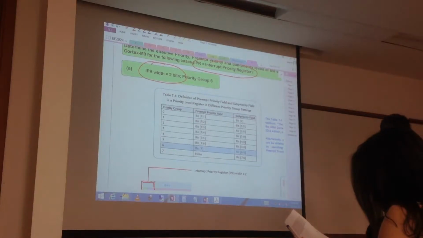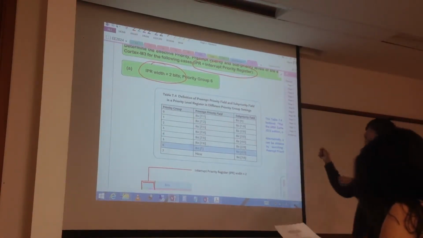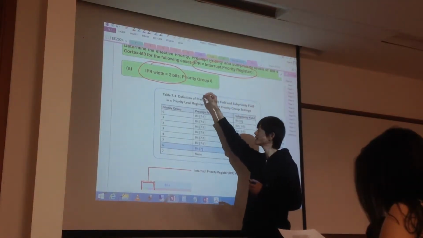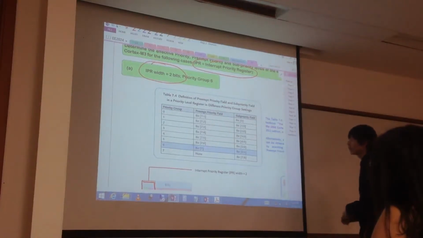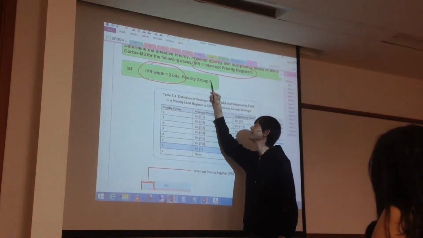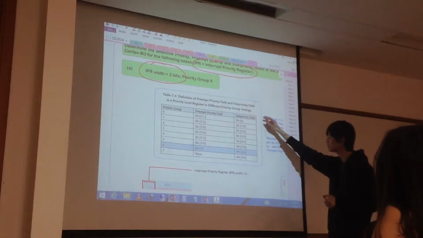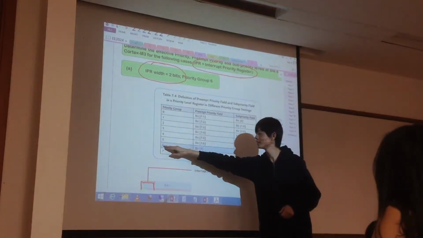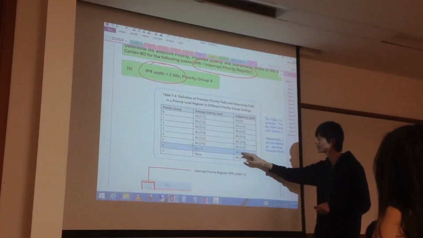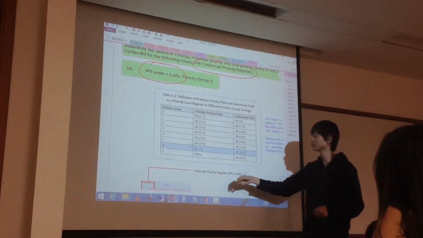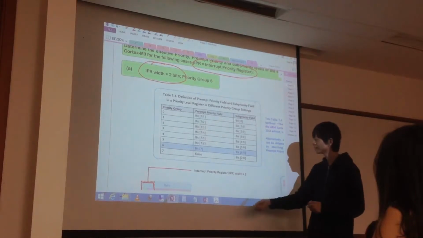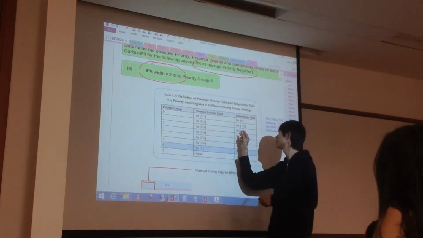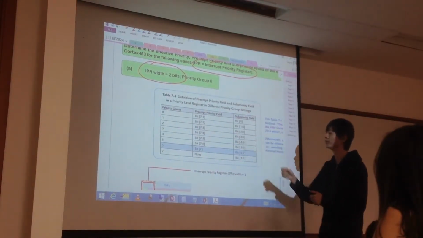What other information do we have? Other information is priority group 6. Group 6 means sub priority must be 6 to 0. Of course, group 4 means sub priority is 4 to 0. Similarly, 2 means sub priority is 2 to 0.